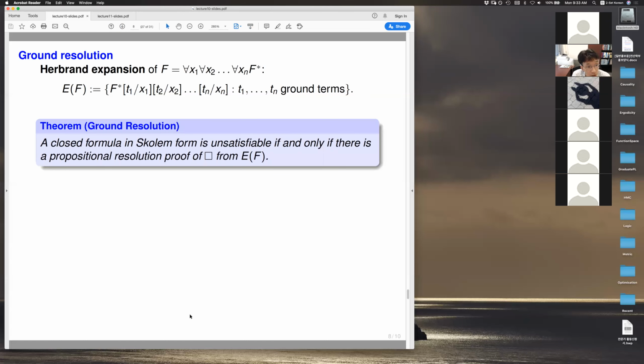Okay, so then the real theorem that we're going to use to design the automatic procedure, or semi-algorithm, for checking validity of a first-order logic formula is the so-called ground resolution theorem. Okay. This ground resolution theorem says the following.